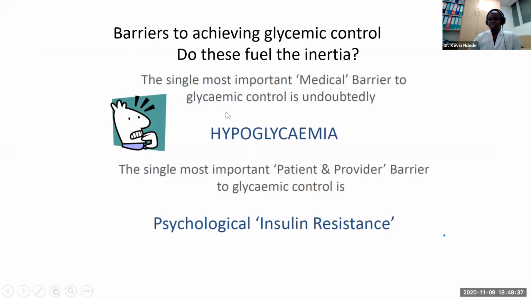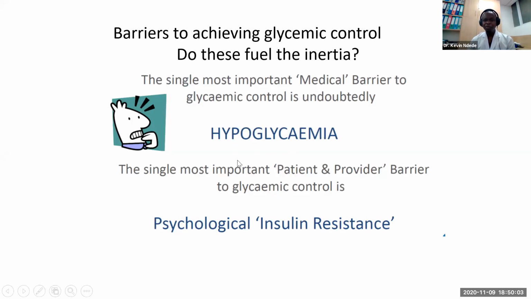Both patients and caregivers worry too much about hypoglycemia, to the extent that we would rather have our patients with poor glycemic control and therefore risk the long-term complications, rather than intensify for fear of hypoglycemia. Most of the time, this fear of hypoglycemia is actually unfounded.